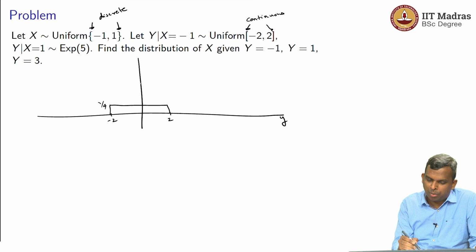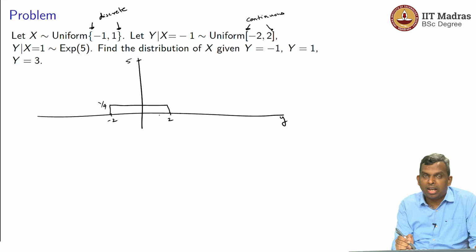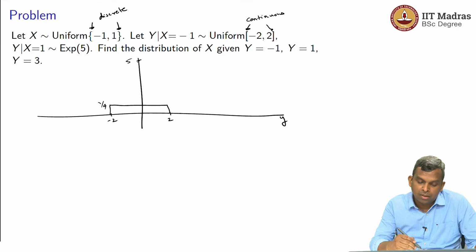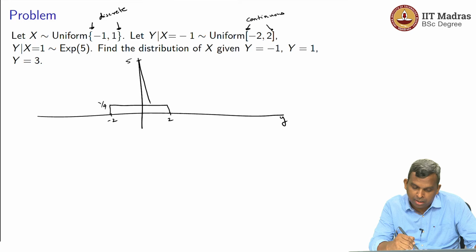So this will go down like this. It'll start at 5, somewhere way out there. And then the density at even 1 has become 5 divided by e power 5. E power 5 is already a large number, so it's gone below this. By the time it hits 2, it will be really, really below this. So it will go like that.